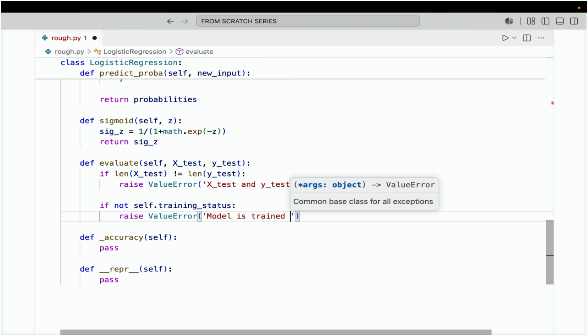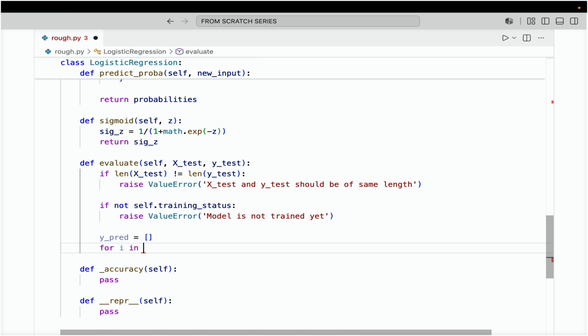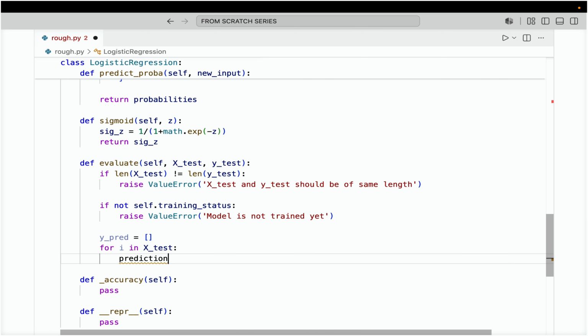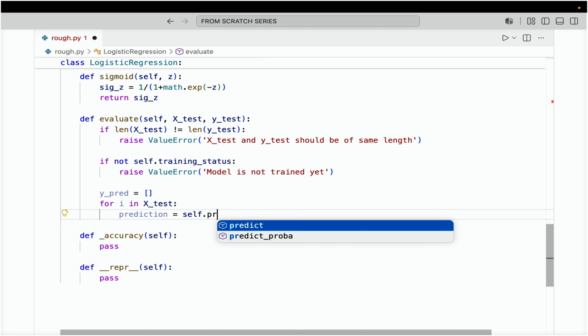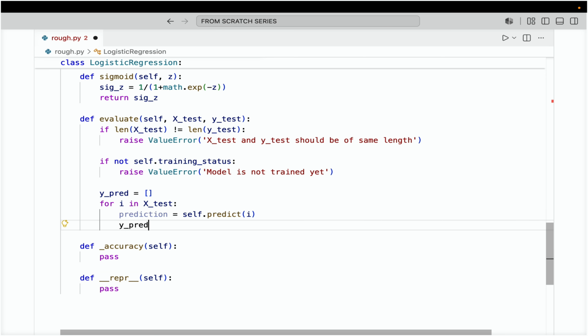Model is not trained yet. Yeah. For i in x test, prediction is self dot predict of i, and then we append that to y prediction.